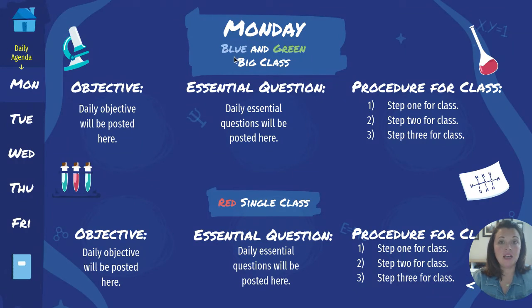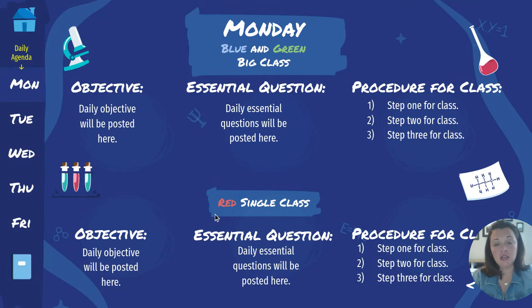So if you're in my Monday blue or green big class, which is the 80-minute block that I'll be seeing you guys, if I see you either in my blue or green class, this is going to be the daily objective. This will be the daily essential question. And then this will be the procedure for class. So this is like the step-by-step process from the beginning of class until the end of class. What are we going to be doing in class with Miss Bellini today? It will always show you right here.